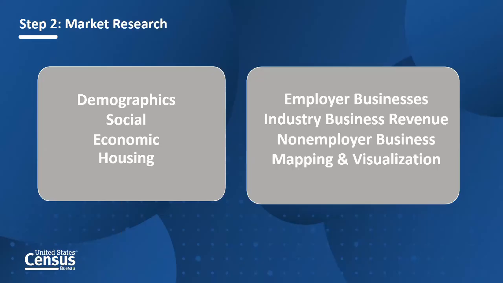This step also involves activities that the Census Bureau can assist with, including researching your industry or market, analyzing trends, identifying your target market, identifying your competition, and identifying your location. The Census Bureau can assist you in identifying data for potential customers, potential competitors, and help you visualize information on possible locations for your business.